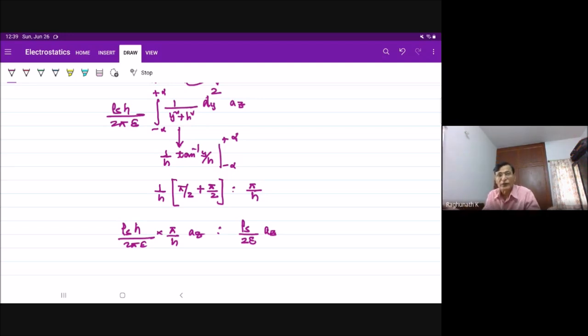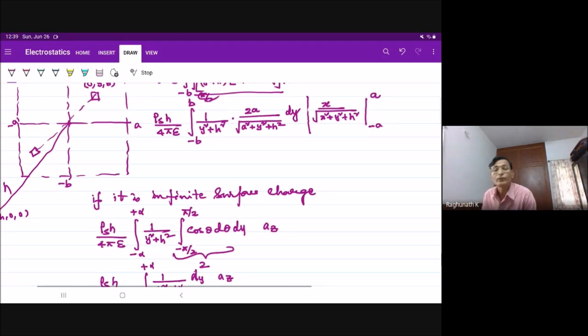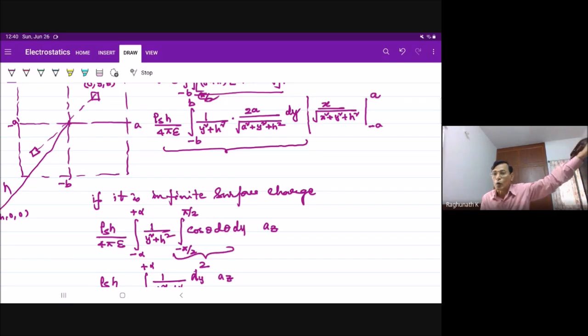If it is an infinite surface charge, extremely important point: the field at any point above or below becomes independent of h. Distance will go. If it is finite, distance will be there ultimately in the final expression also. For infinite line charge, rho l by 2 pi epsilon rho, a rho.